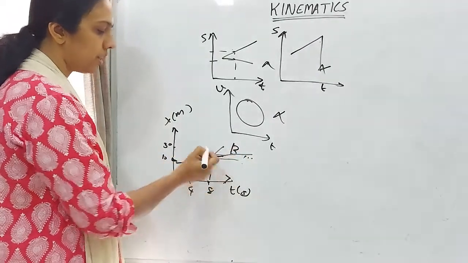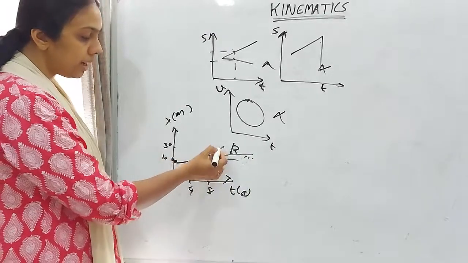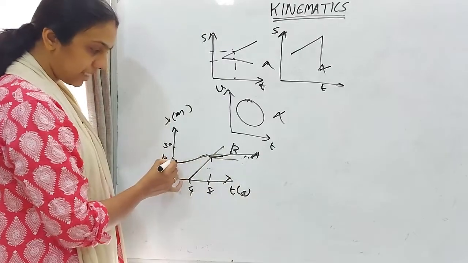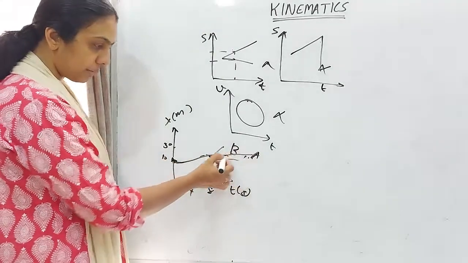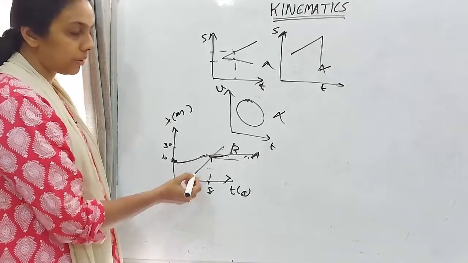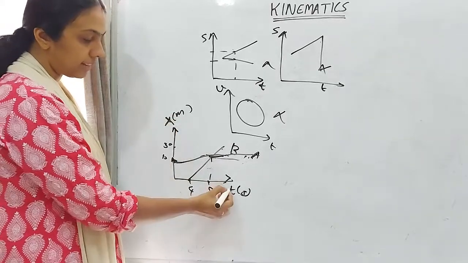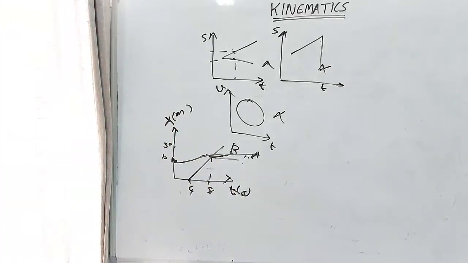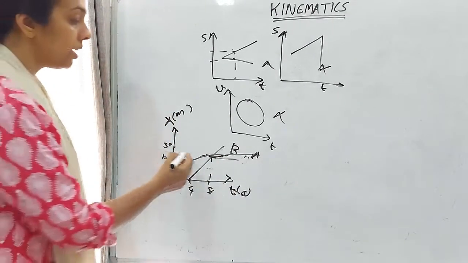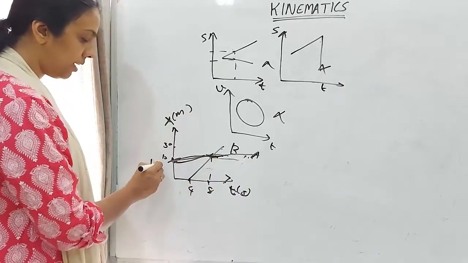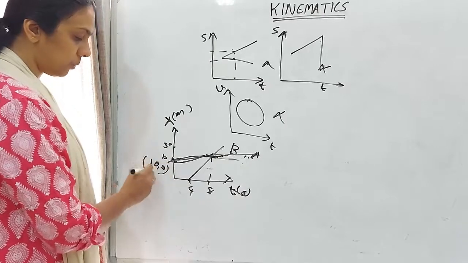Here A is starting at 10 meters and B is starting at 0 meters, where this is x and this is time. When A started its motion, the coordinates for A will be (10, 0).